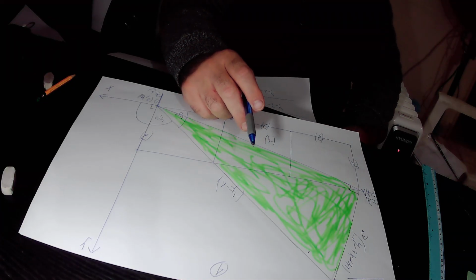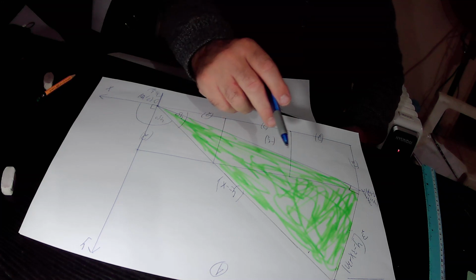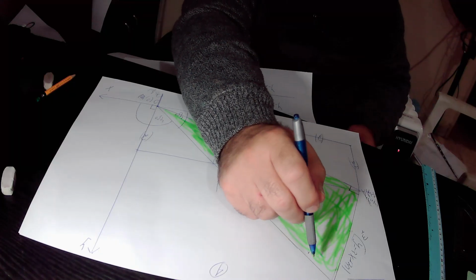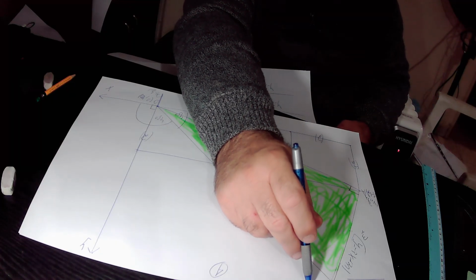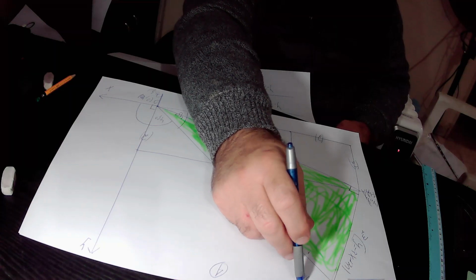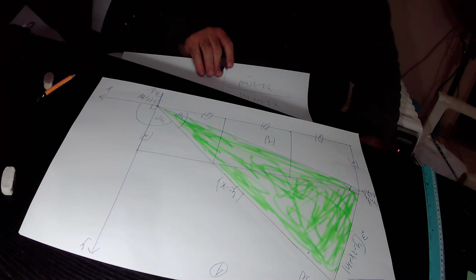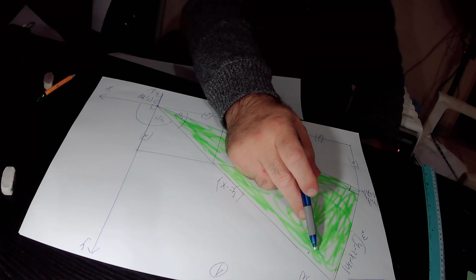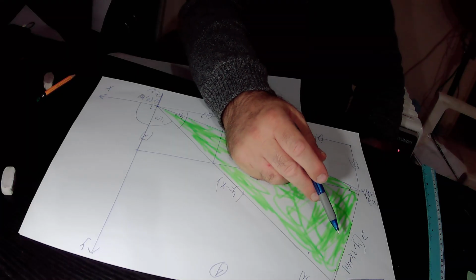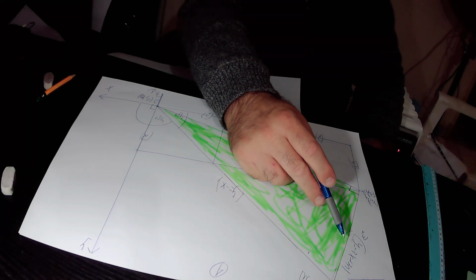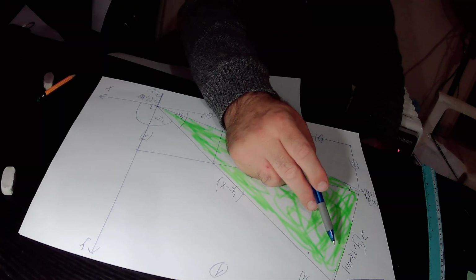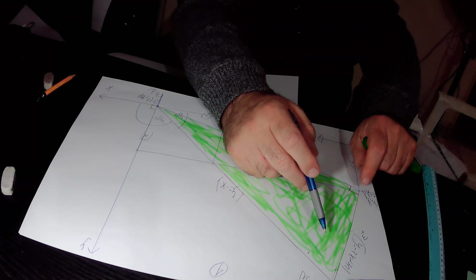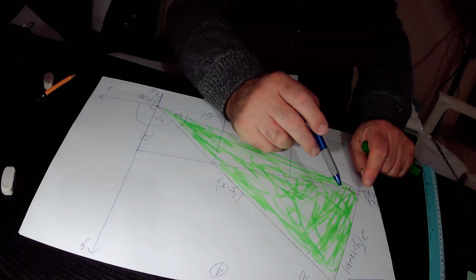So we define the x coordinate of point B as x1, and we define the y coordinate of point B as y1. Because point B must satisfy the equation of the third line AB, we can substitute x by x1 and y by y1, and we get that the right side of the equation equals the left side of the equation.